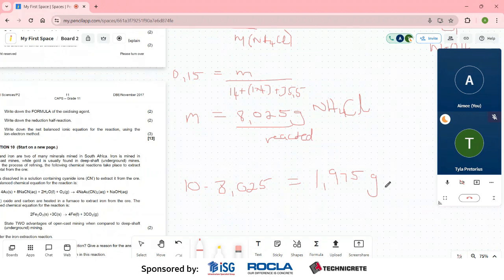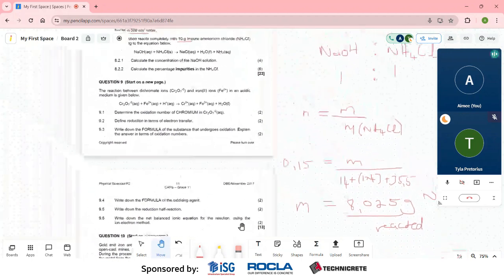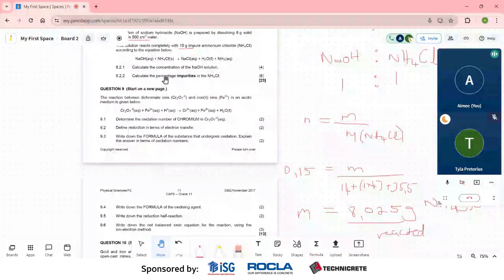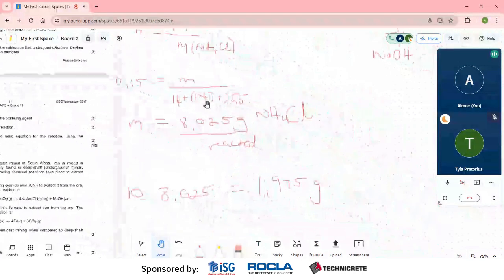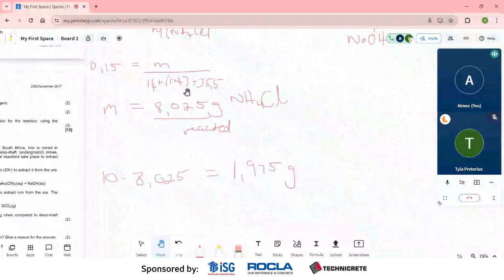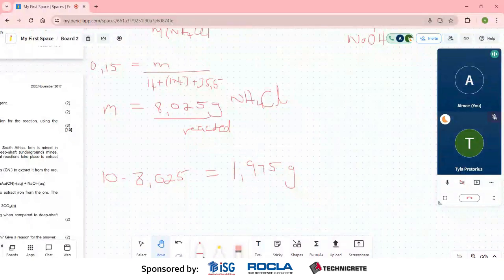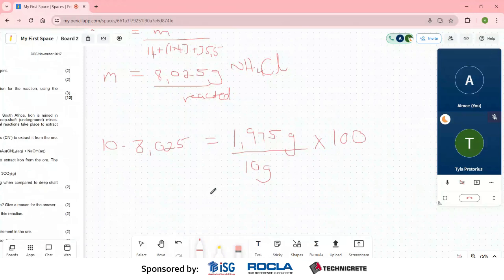Okay? But they didn't say that they just wanted a mass. What did the question say? The question says calculate the percentage impurity. So that means that you have to take the percentage. This is what was impure. You need to divide it by the 10 grams that you started with and multiply by 100.